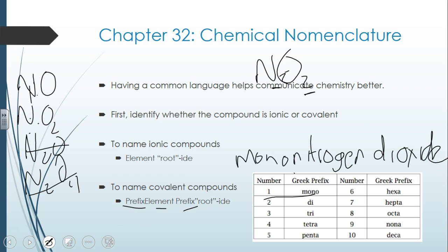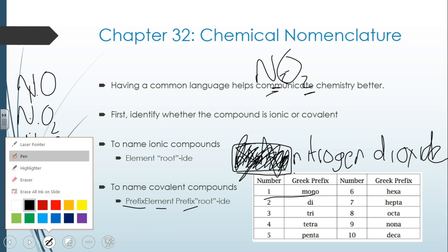Now the one thing is, if the first prefix is mono, we don't write it. We don't include it in the final name. So the name of this compound is nitrogen dioxide. It's assumed that the first element has 1 when there is no prefix indicating how many there are.